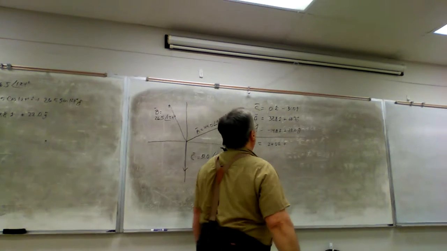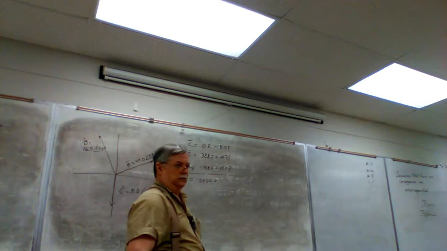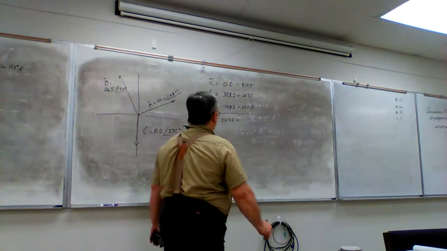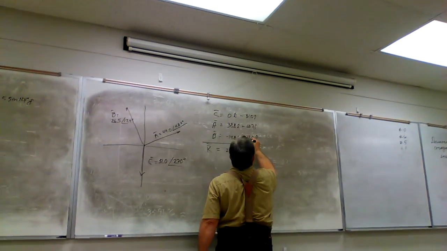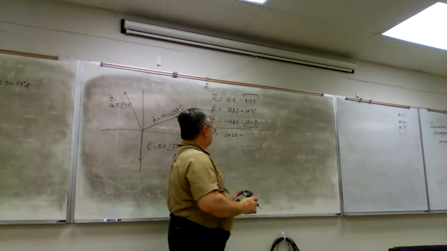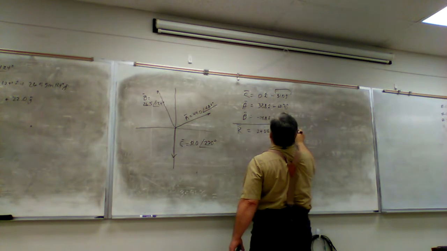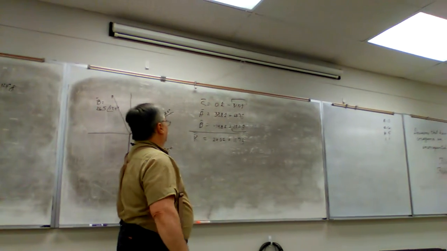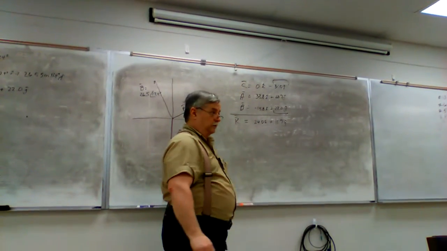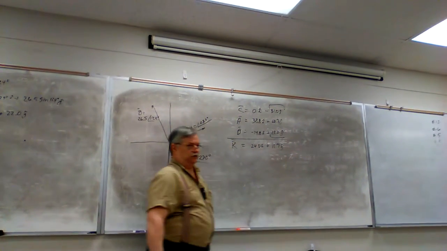What is 22.0 plus 20.7 minus 31.0? The sum of these. 11.7 positive. So our resultant vector in rectangular form, or component form, is 24i plus 11.7j.